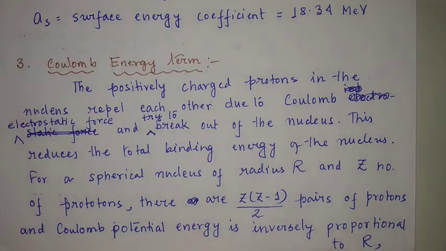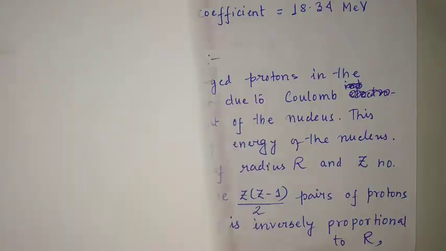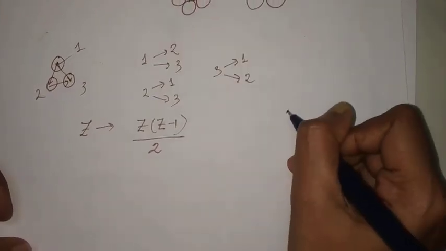So if there are more pairs of repulsive force, then what will happen? There will be less stability and the binding energy will be less. And if you go back and check your electrostatics syllabus that you learned in semester 2, you will find that the Coulomb potential energy is inversely proportional to R. Generally the term was like this.